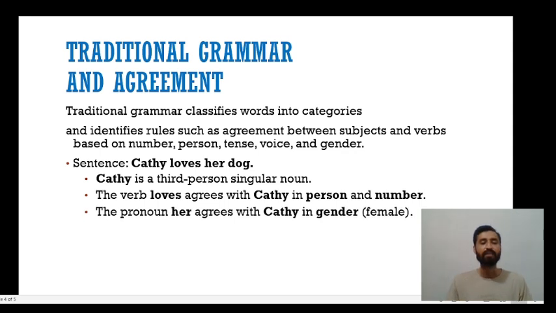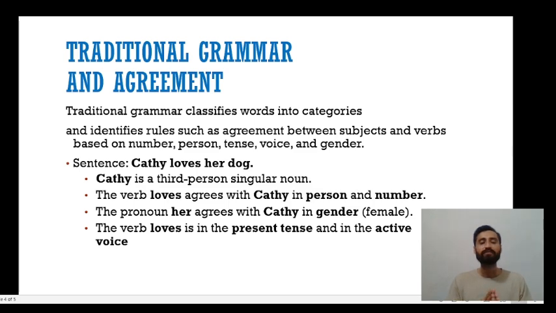The next thing is that the pronoun her agrees with Kathy in gender. This is subject-pronoun agreement. The subject Kathy is singular and feminine, and that's why the pronoun used is her. So we have to keep the gender in mind as well. This is again in agreement with the subject, and the focus is on gender.